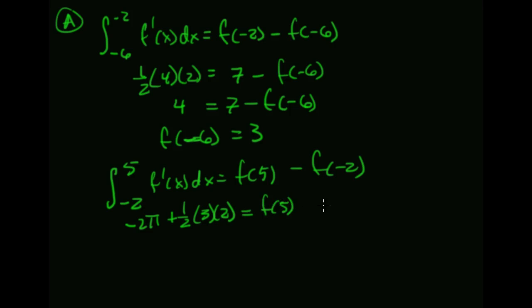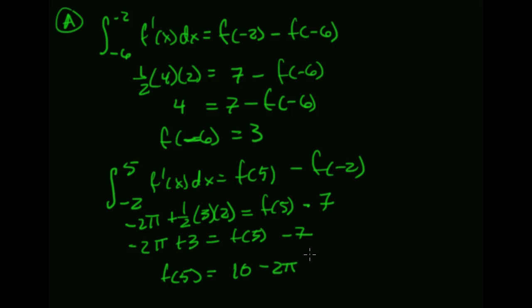F of 5 is what we're trying to find, and we know that f of -2 is 7, so this is -2 pi plus 3 is f of 5 minus 7, which means f of 5 should be 10 minus 2 pi. All right, so that's part A. Let's move on to part B.